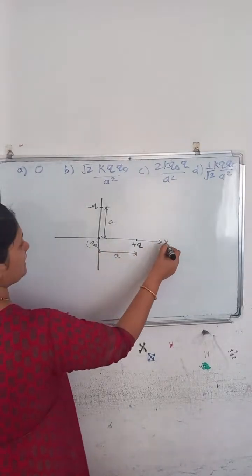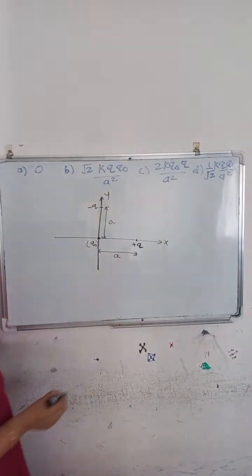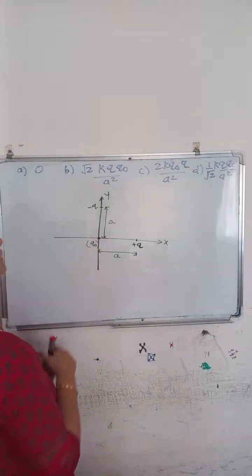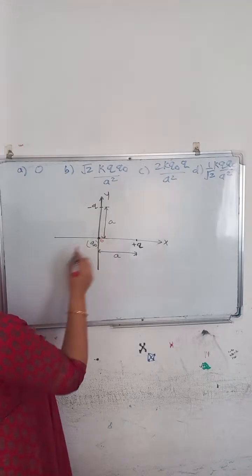This is the x axis and this is your y axis. Now they are asking to calculate the magnitude of the net force at point O, that is at Q naught.